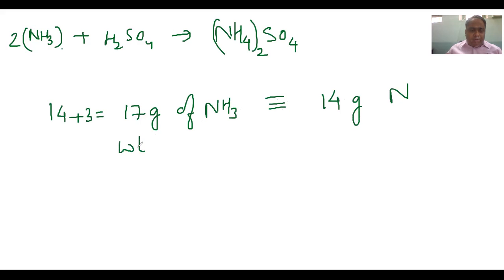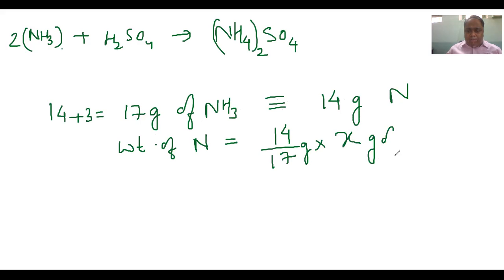So weight of nitrogen will be equal to 14 divided by 17 into x gram of ammonia, whatever x gram of ammonia we will get. This will be the weight of nitrogen.